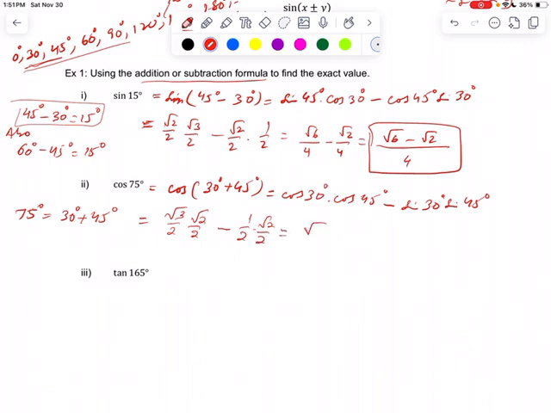So simplify, we get square root of 6 over 4 minus square root of 2 over 4.